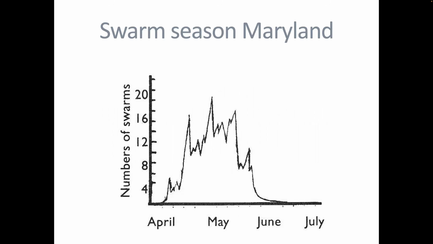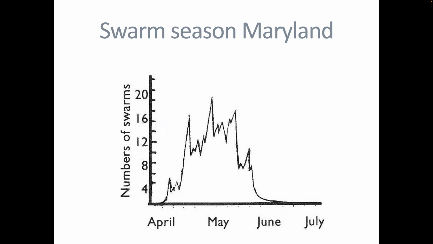For every area, this is for Maryland, but every area you probably have a potential chart that shows the number of swarms. This is based on swarm calls at an extension office. If you're a bee club, you might have your own swarm numbers and you can record that.